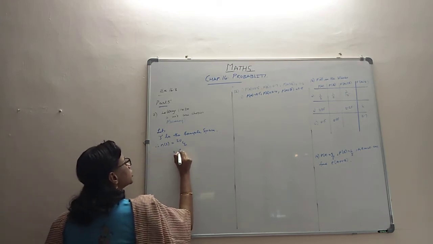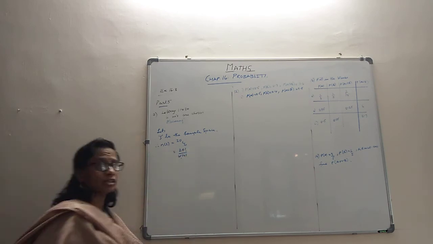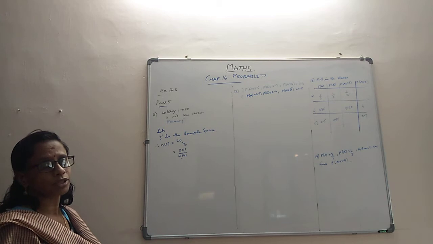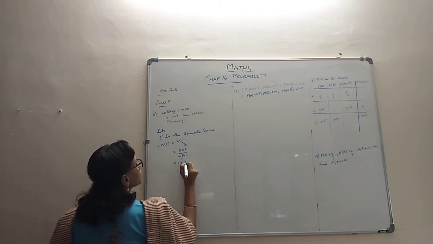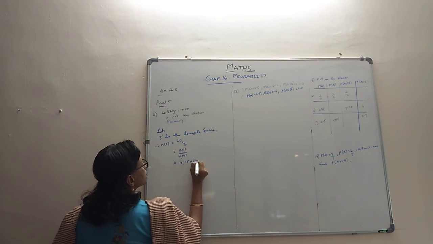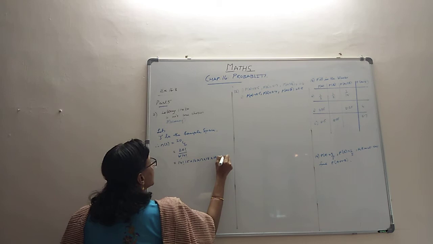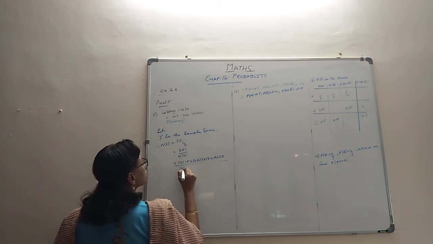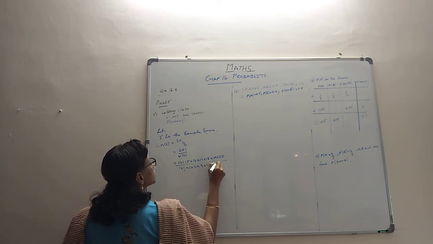It is 20 factorial by 6 factorial by 14 factorial. That's how we learned: nCr is n factorial by r factorial into (n minus r) factorial. This is like writing 14 factorial into 15 into 16 into 17 into 18 into 19 into 20, and here we have 14 factorial into 1 into 2 into 3 into 4 into 5 into 6.